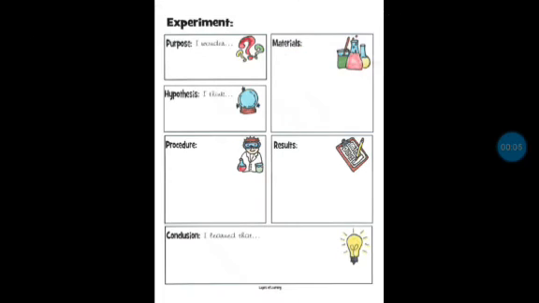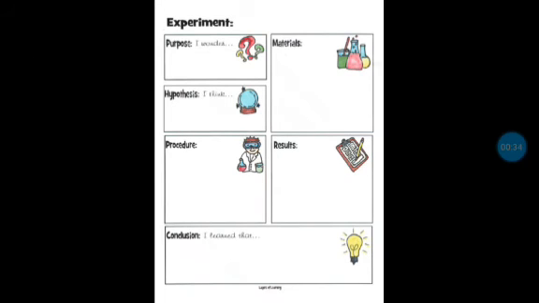Experiments are done in a step-by-step way and procedure. Some of the experimental procedures are as listed in this table. One is the purpose. You write the purpose of the experiment in the first place, to find out the aims or the objectives of your experiment.